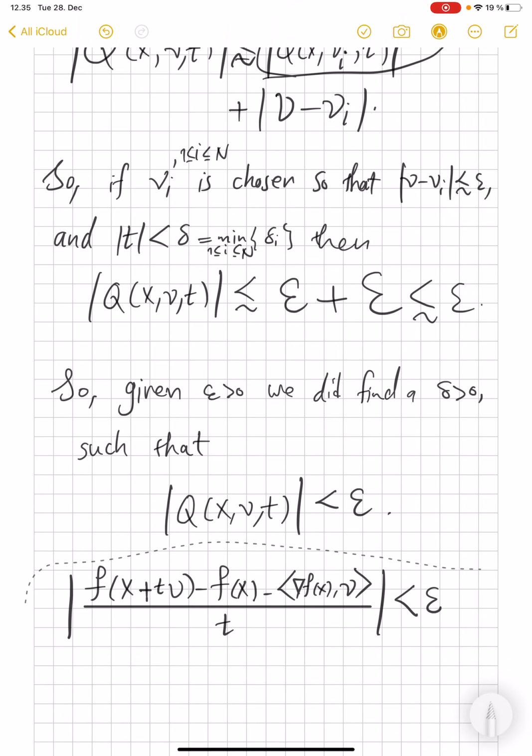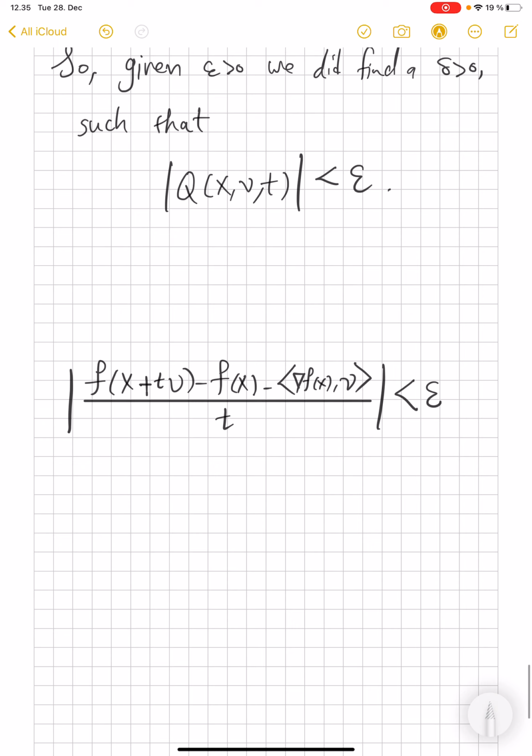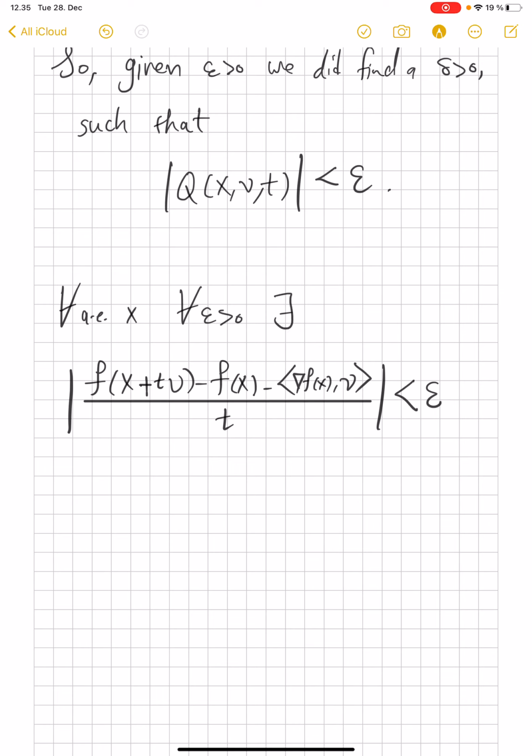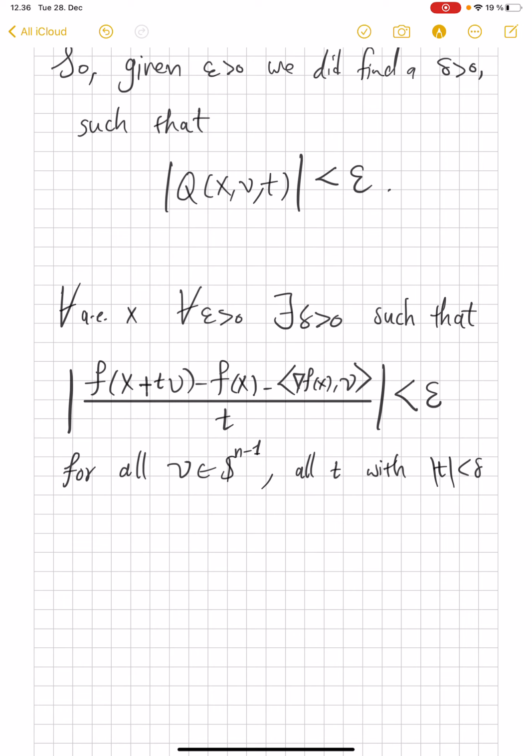So we have proven then that for almost every x, the following is true: for every epsilon positive, there exists delta positive such that this is less than epsilon no matter what v you take, for all v in S^{n-1}, all t with absolute value less than delta.